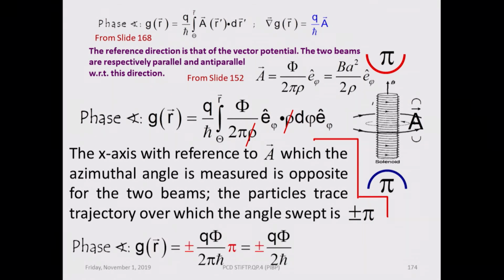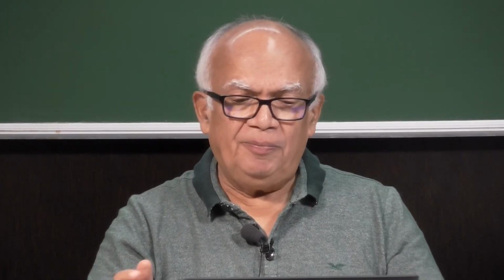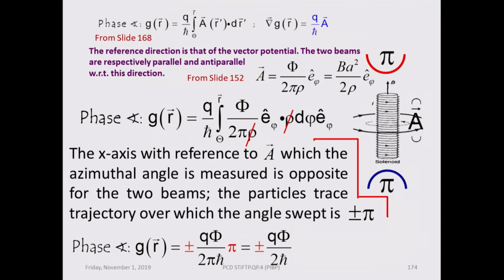So now this Aharonov-Bohm phase turns out to be q phi over 2 pi h cross, which is coming from the constants in that integration, and plus or minus pi, which comes from the half integration over the semicircle over which the particles interact with the vector potential, and that is plus or minus q phi over 2 h cross.